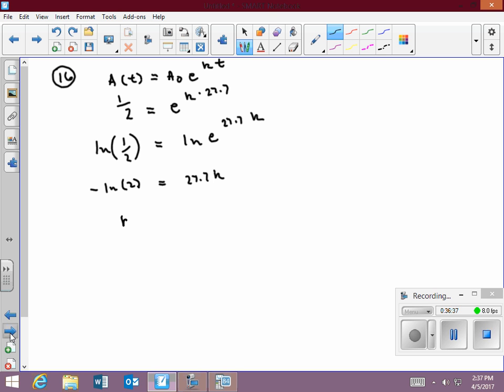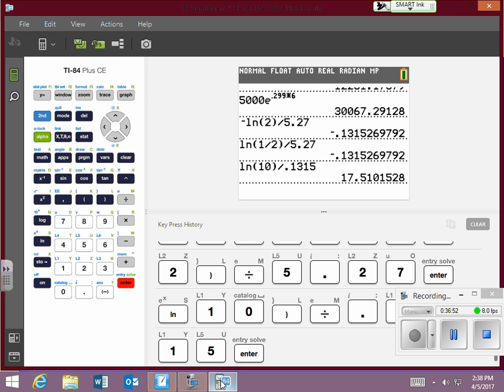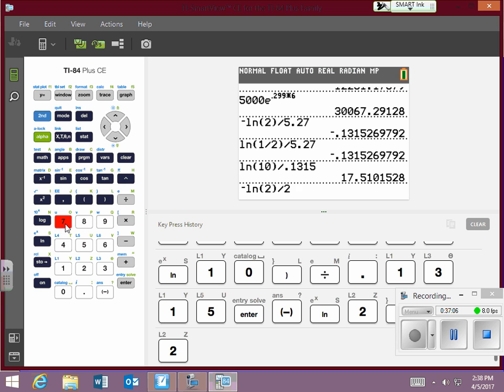So that k could equal negative ln 2, or ln of 1/2, over 27.7. Sometimes there's a danger if you skip steps that you miss the negative. Negative ln 2 divided by 27.7. Is that right?